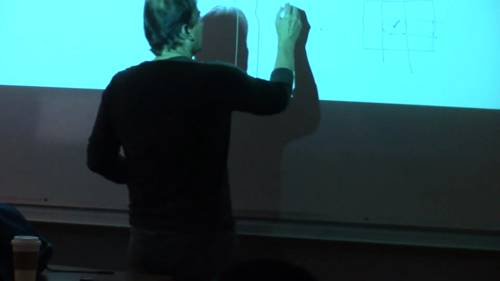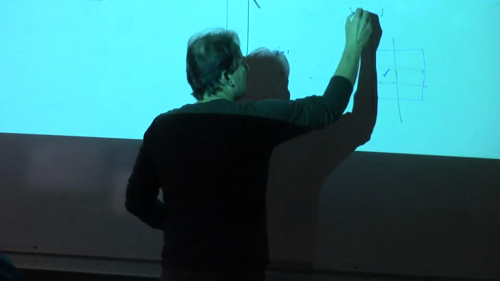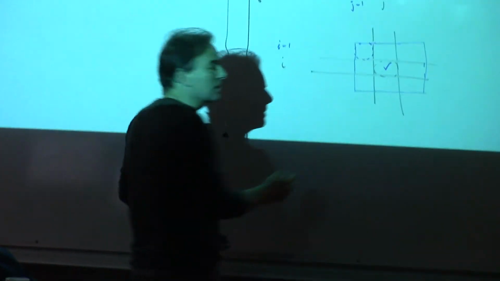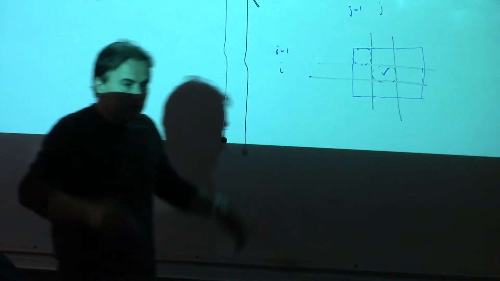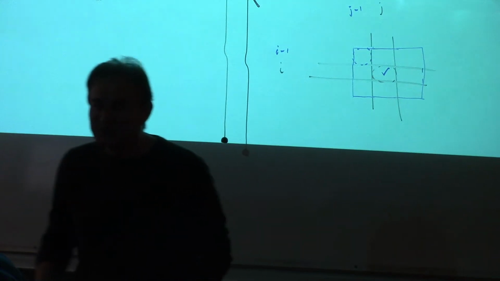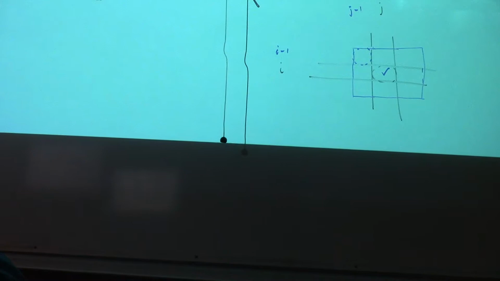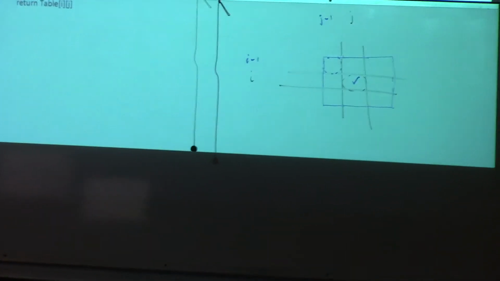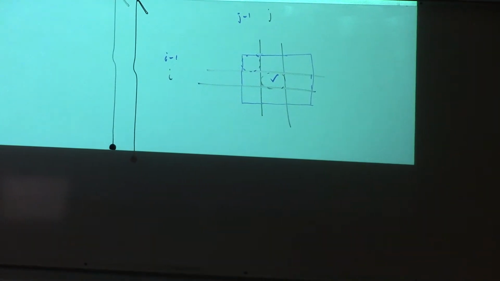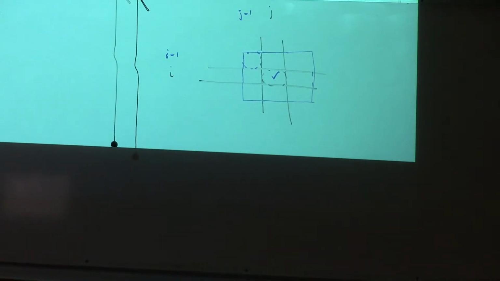If I look at i minus 1 and j minus 1, there should be a value in here. This value in the blue circle is the longest common subsequence length for i minus 1 characters in x and j minus 1 in y. I don't know what that number is. It could be 1, could be 0, could be 2, could be 3. But whatever it is, it never looked at the ith character in x and never looked at the jth character in y. But now we're looking at it.